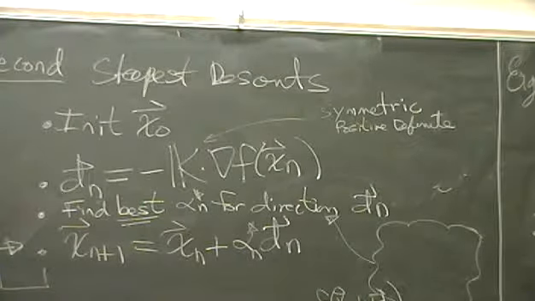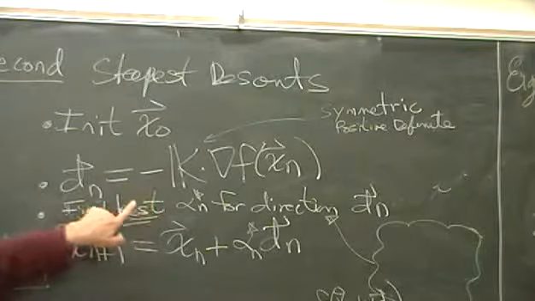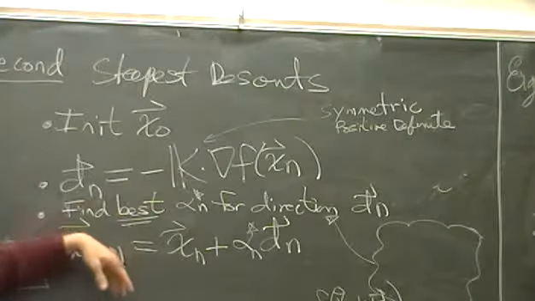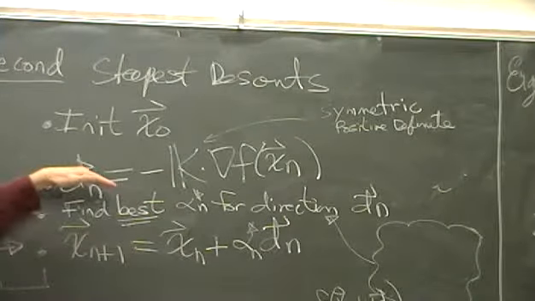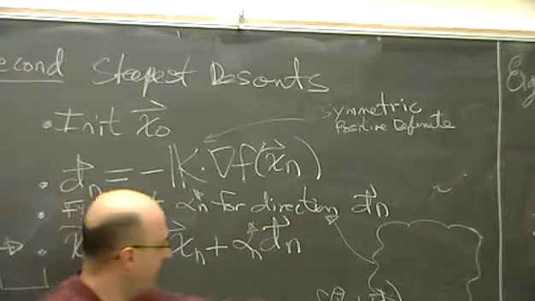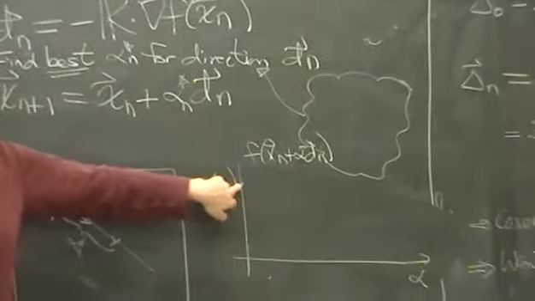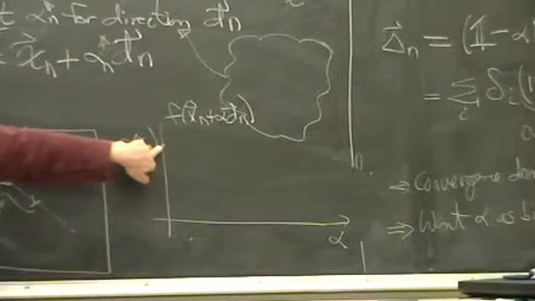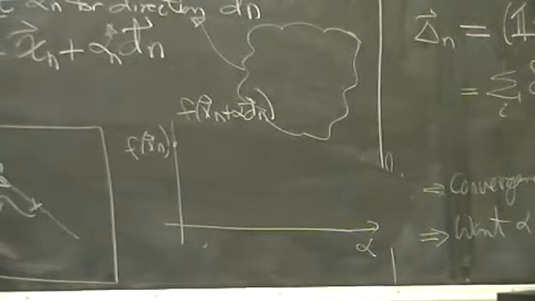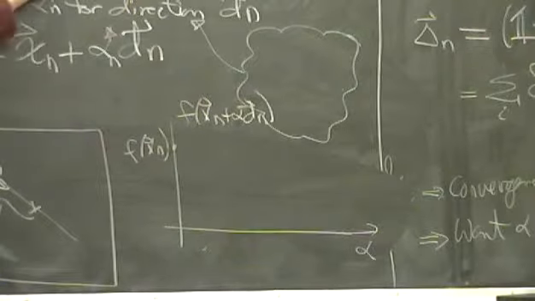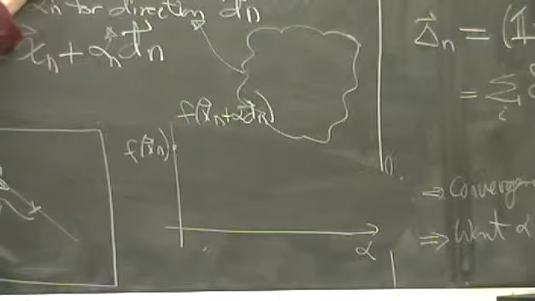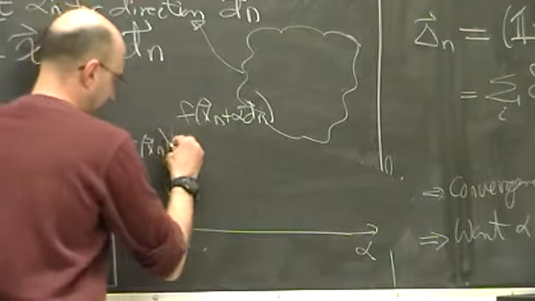If that's the case, it turns out that you can prove, I'm not going to bother right now, that as you move along alpha, the derivative of the function at xn should always be negative. You're going downhill, basically. Right? If it were otherwise, you'd all definitely agree it shouldn't be going downhill. But if you make sure K is positive definite, you can assure yourself it will be. So the function starts going like this, right?